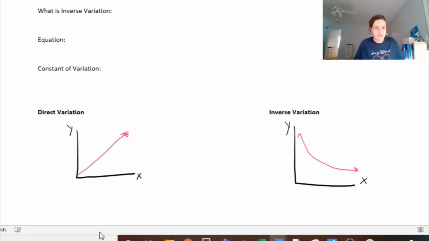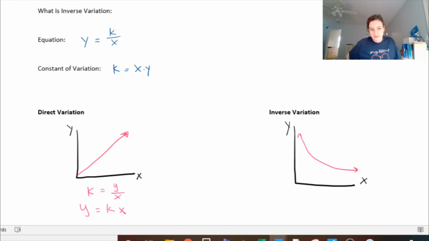Okay, and remember, in direct variation, our constant of variation, k, was equal to y over x, a division. And then you had the equation y is equal to kx. But now in inverse variation, our equation is going to be y is equal to k over x, and our constant k is equal to x times y.